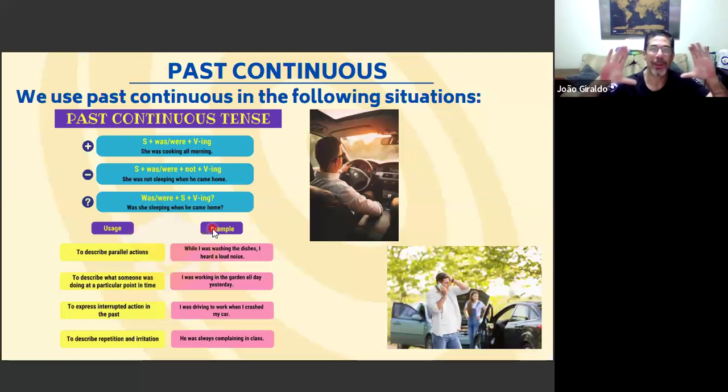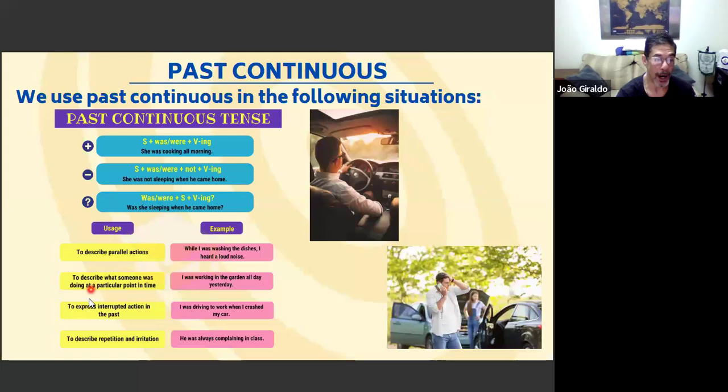So this is about the structure. All right, guys? In the usage, in what situations do we use a sentence in past continuous? First, to describe parallel actions, two actions happening at the same time. They are occurring in parallel, in the same moment of time.